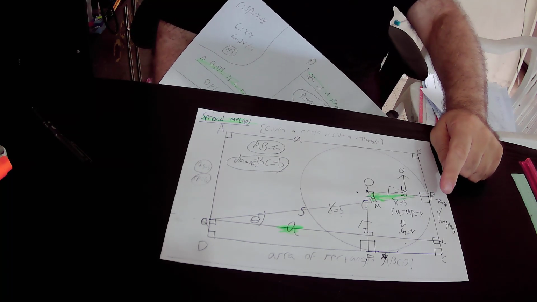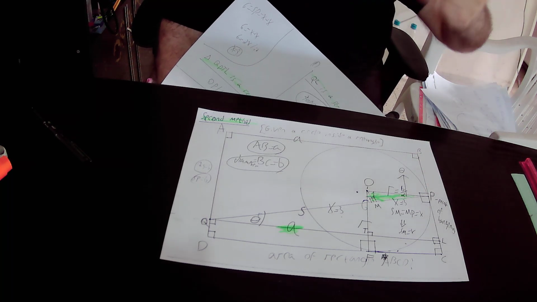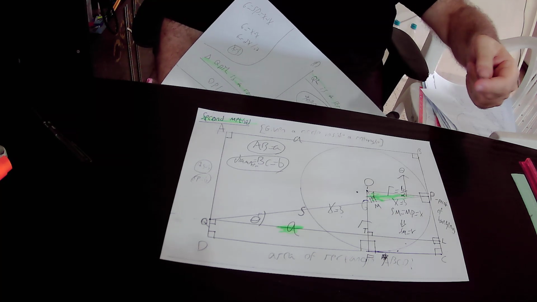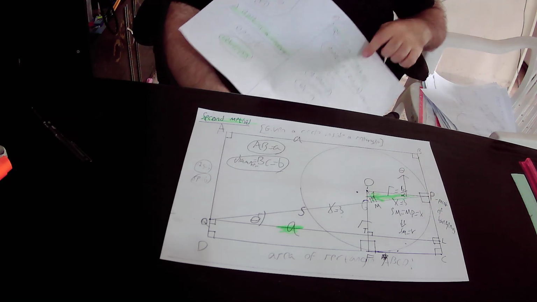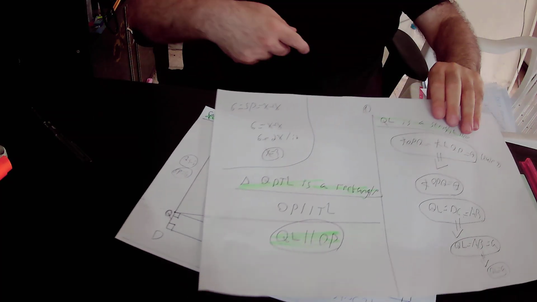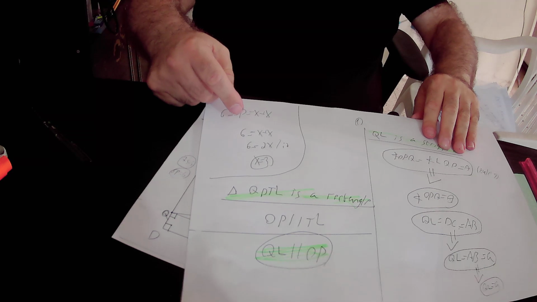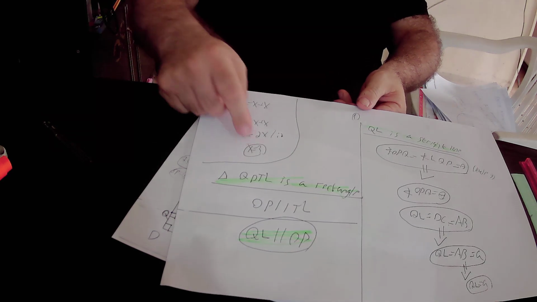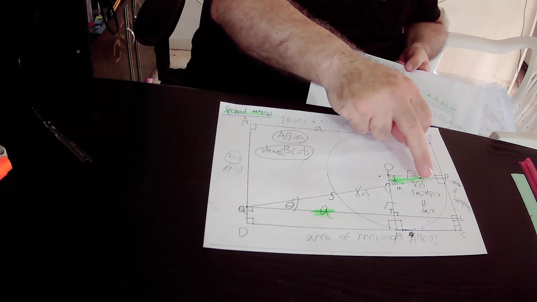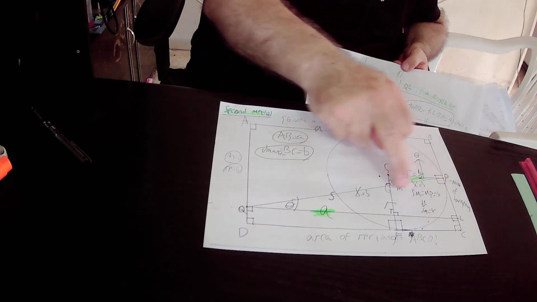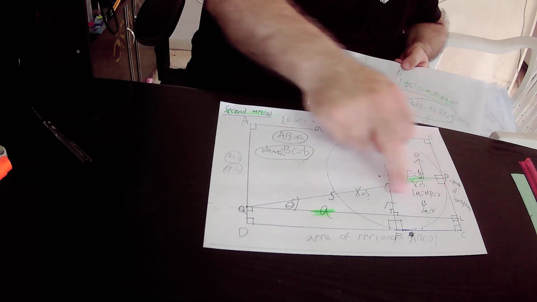So we regard quadrangle OPTL as a rectangle, and we know that the opposite sides of a rectangle are parallel to each other. That is to say, OP is parallel to TL. But TL is part of the perpendicular QL.